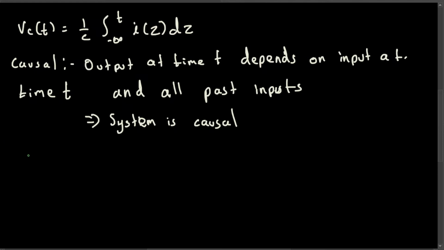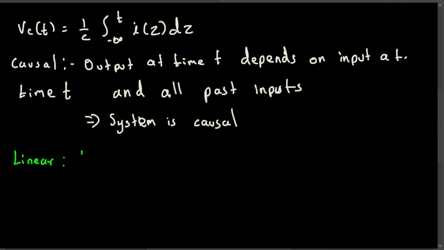Now let's look at whether this is a linear system or not. To find out whether this is a linear system, we can do a check and see if it's satisfying the superposition. Is it holding the superposition at the end?